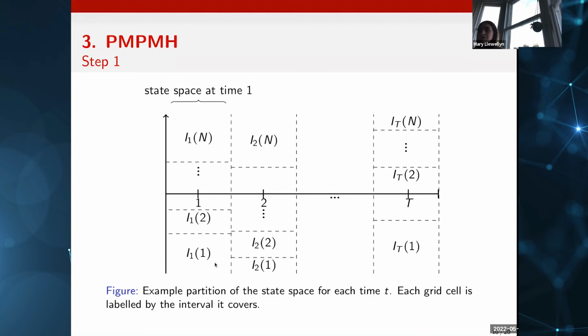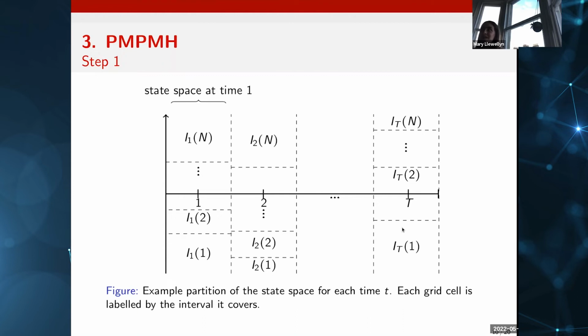So this is the state space at time one, and we'll partition the space by forming boundaries. Note that an interval could be infinite. Once we've done that for time one, we move through and introduce a scheme for defining the intervals at time two, and we do that all the way up until time capital T, the length of our data, the state process. Once we've done this for all time points, we've essentially imposed a grid.